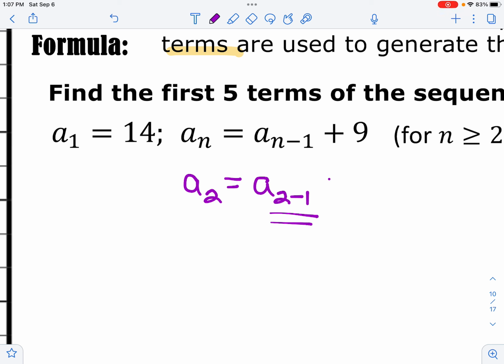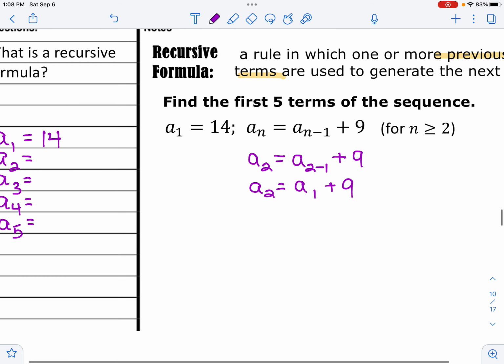It's written a little lower. And then plus 9 we'll do after that. Now, 2 minus 1 is 1. So really what I have here is a sub 1 plus 9. Okay, so that's how you find this.